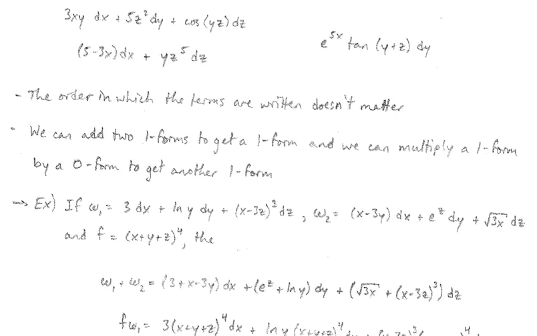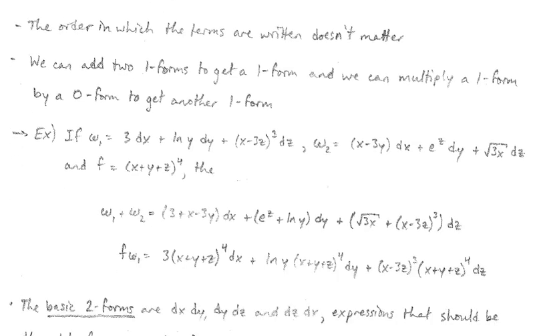And just like in many of the problems that we've seen up until this point, we add like terms. We have the 3 dx in omega 1 and the x minus 3y dx in omega 2. So we add those in and we pull the dx out. So we get 3 plus x minus 3y. And similarly for the dy and the dz.